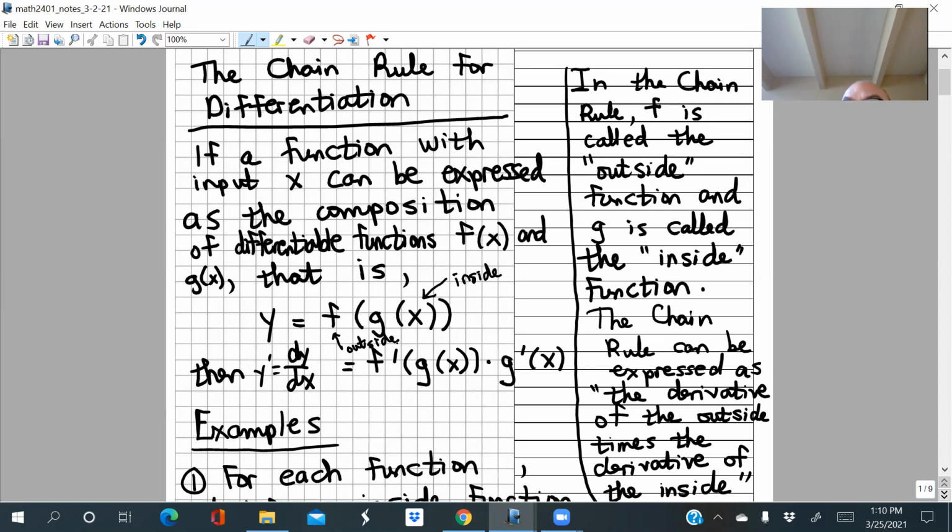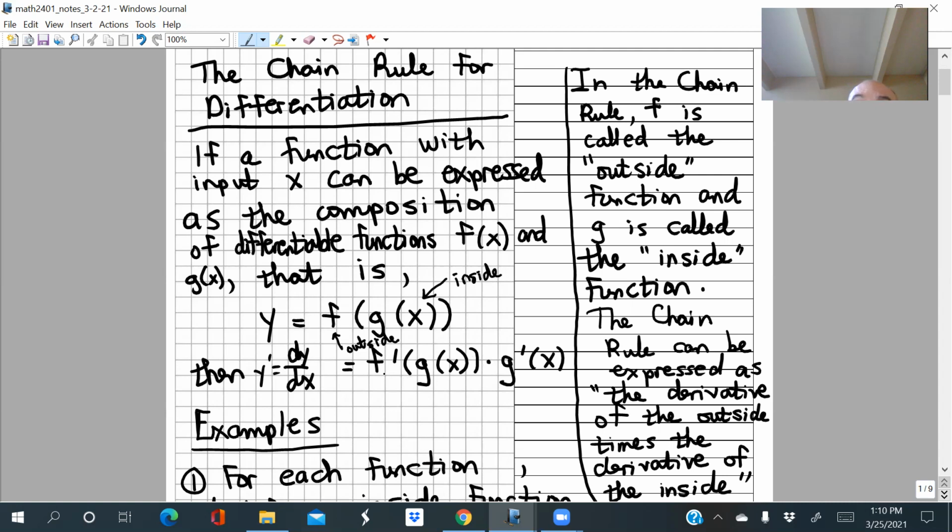And what the chain rule says is very easy to remember. You take the derivative of the outside function, you take the derivative of the function f, and then you just multiply in, that's all, the derivative of the inside function. So it's actually even easier than the product rule, okay?